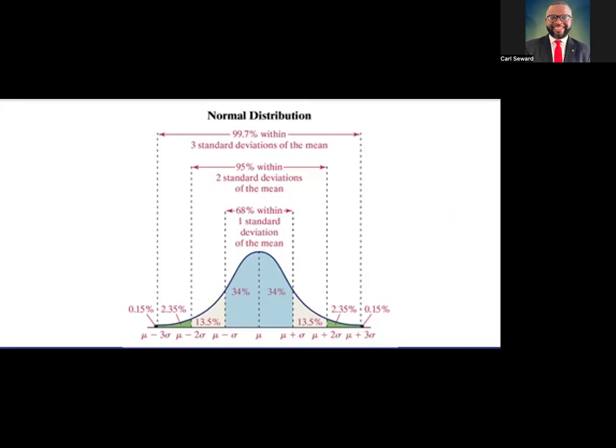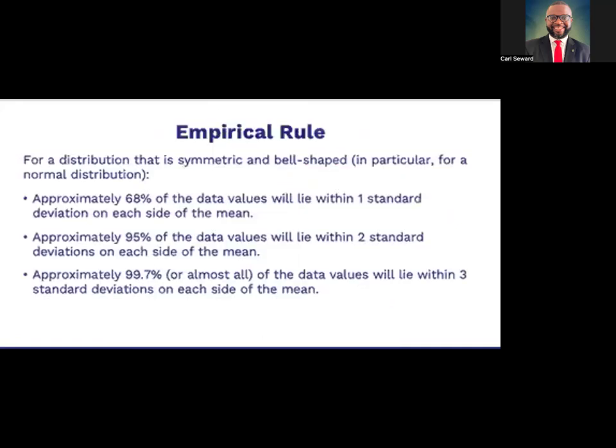This, by the way, leads us to the idea of the empirical rule. So I call this the normal distribution. It is also called the empirical rule. So let's take a look at that. To be sure, this is one of those powerful shortcuts in all of statistics.